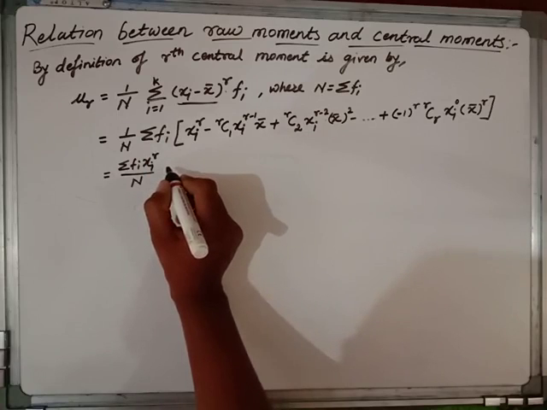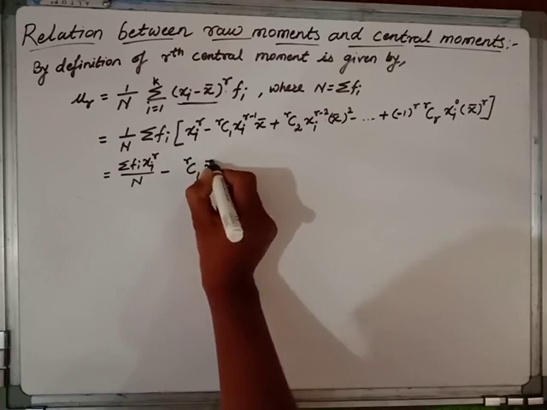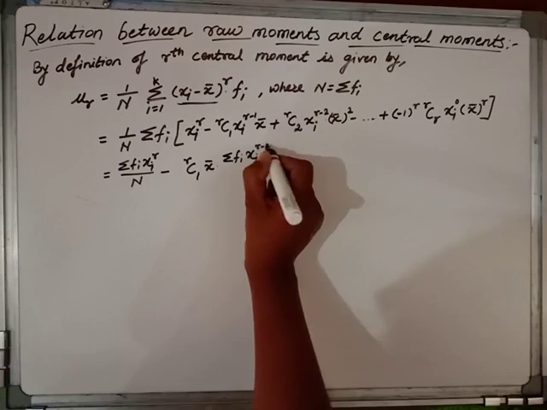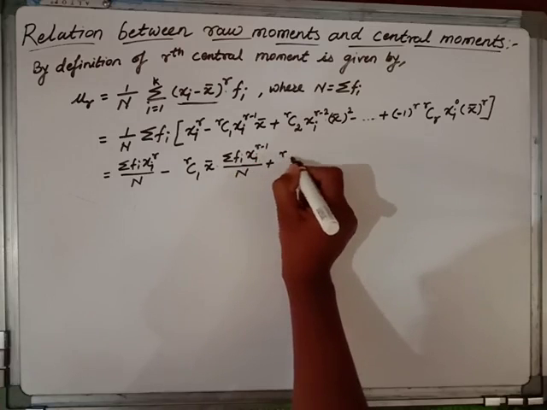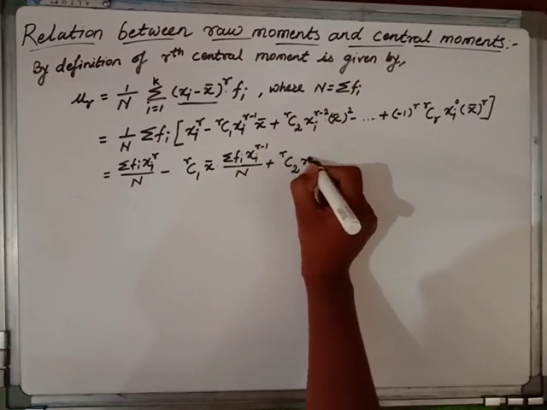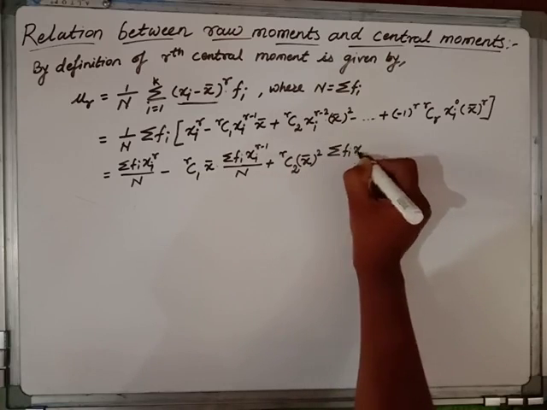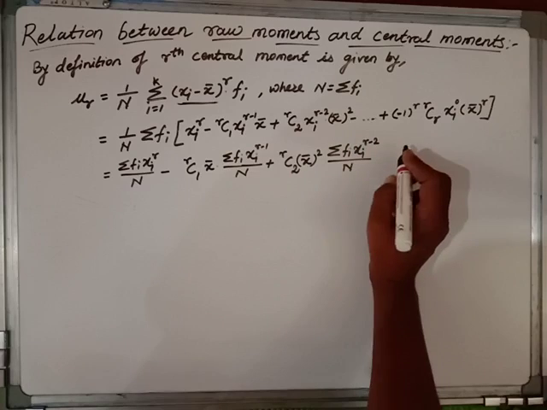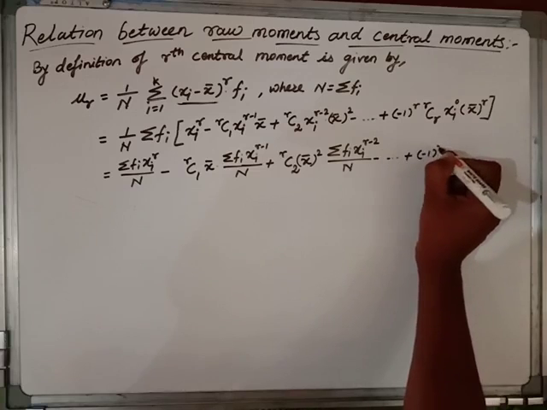Minus rc1 x bar into summation fi xi raised to r minus 1 upon capital N, plus rc2 x bar square into summation fi xi raised to r minus 2 upon capital N, minus and so on, plus minus 1 raised to r.